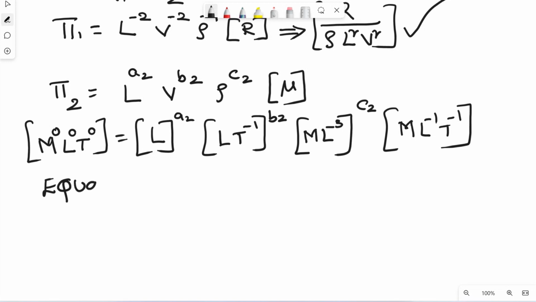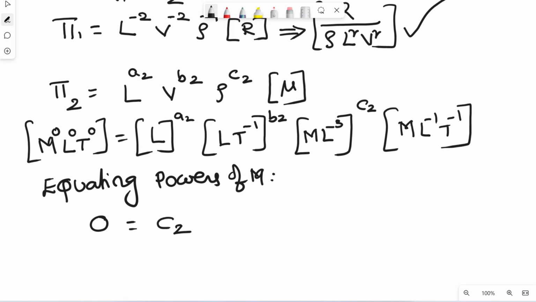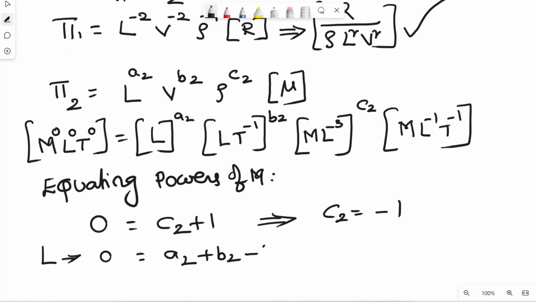So equating powers of M, the left-hand side is 0, and the right-hand side has C2 and plus 1. Therefore C2 is equal to minus 1. Taking powers of L, 0 is equal to a2 plus b2 minus 3c2 minus 1.